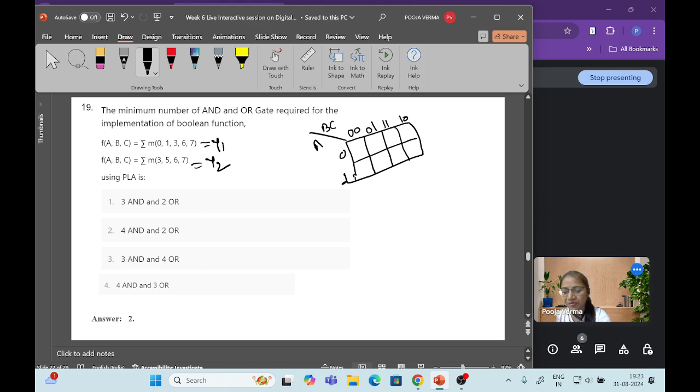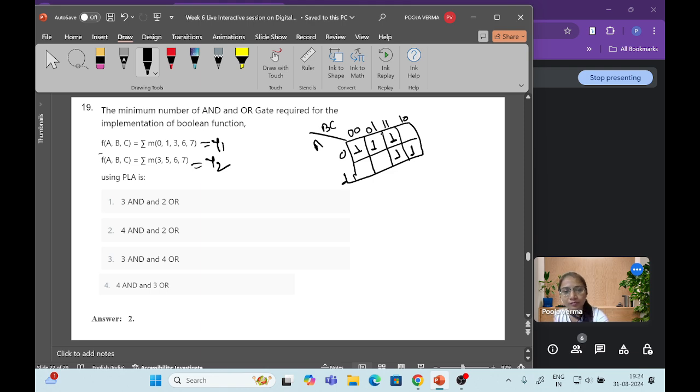It is given 0 1 3, so the first cell is 0, it is given 1 and it is also 1. So 0 1 2 3, in the 3 cell the value is 1, right? Now 6 and 7 we have, so 0 1 2 3 4 5 6 7. So 6 and 7, it is for y1.